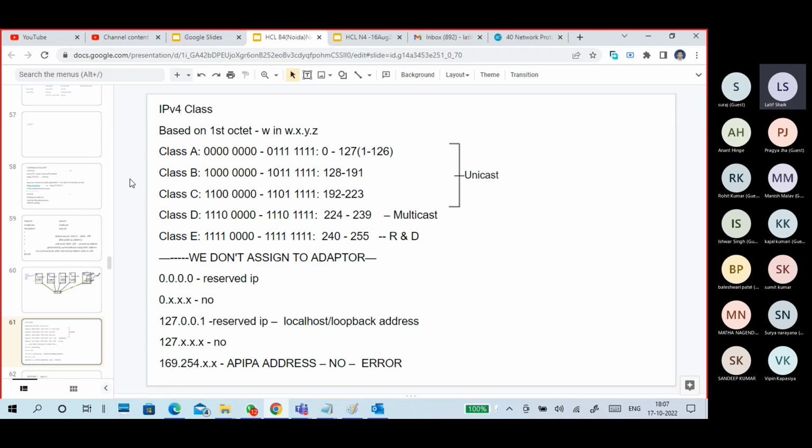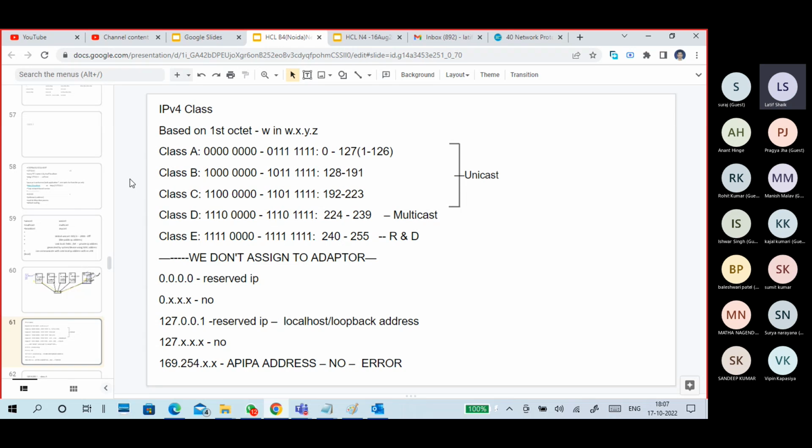127.0.0.1 is a localhost or loopback address. Anyway, the 127 series entirely we don't use. These types of IP addresses are reserved IP addresses. Next one is 0.0.0.0.